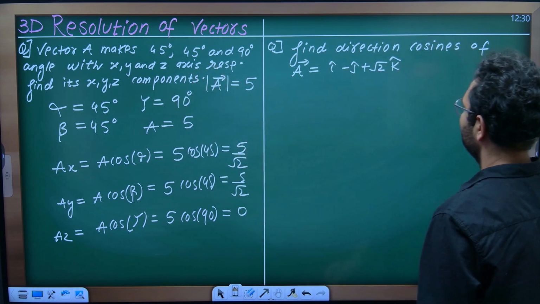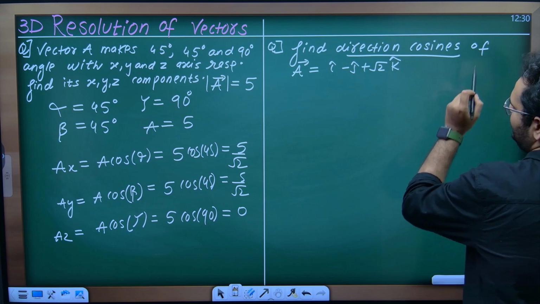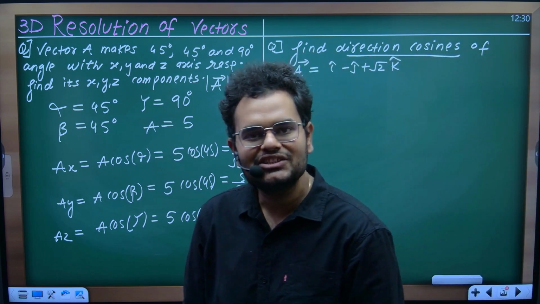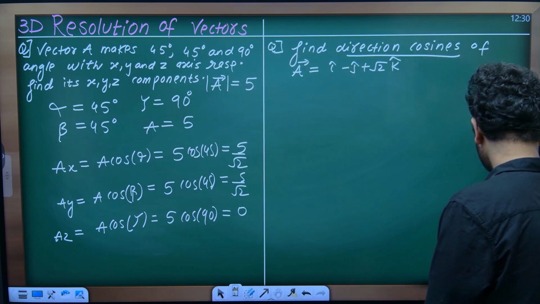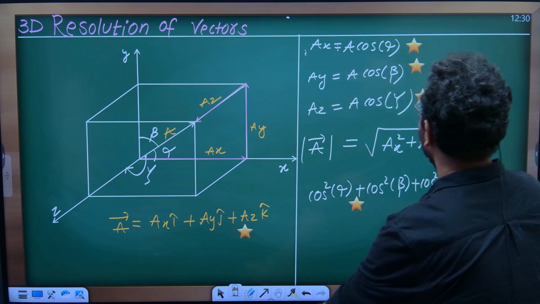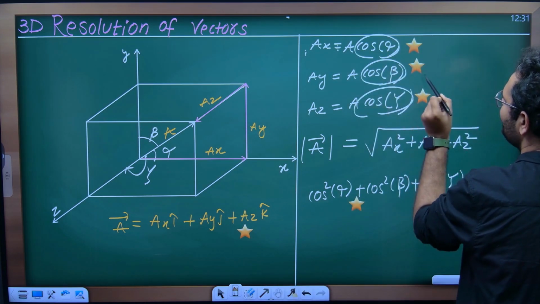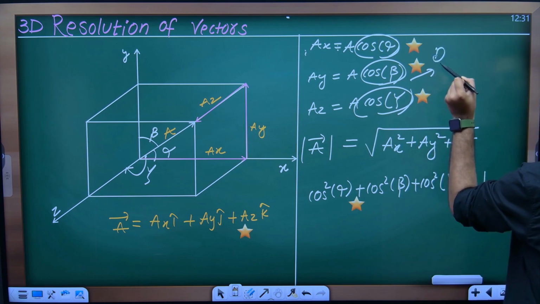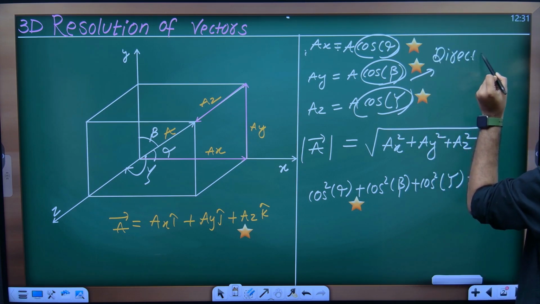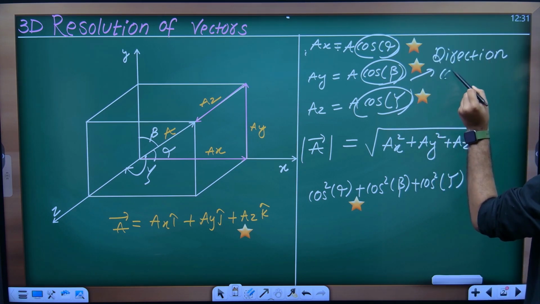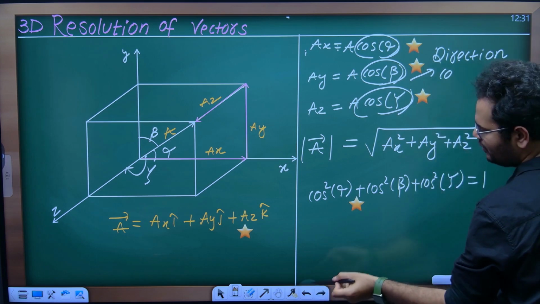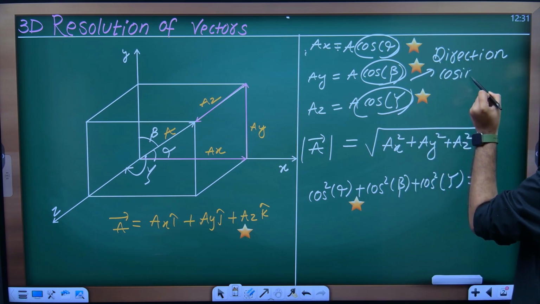Another type of question. Find the direction cosines. Okay, sir, what is this direction cosine? I forgot to tell what a direction cosine is. Whatever cos terms we have written, these are called direction cosines. Sir, why are they called direction cosines? Why is direction involved in their naming?